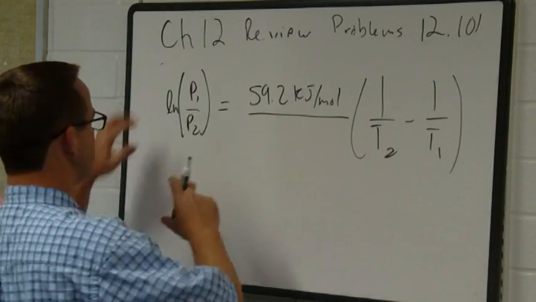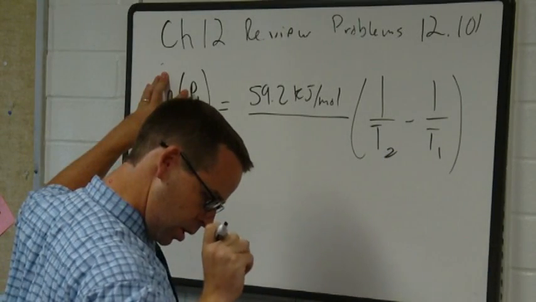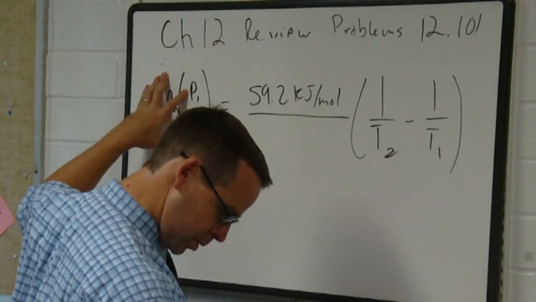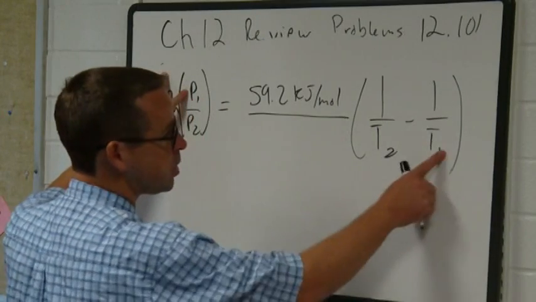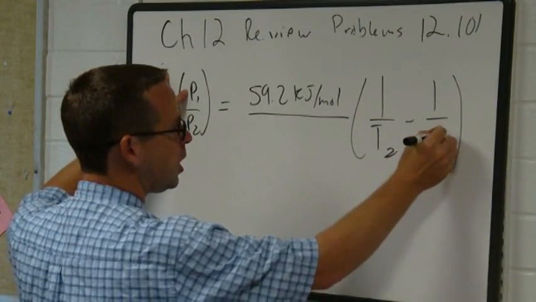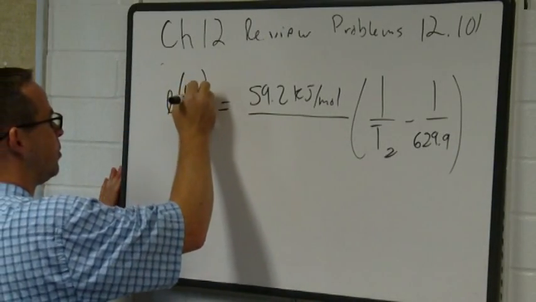So this is pressure 1 up here, temperature 1. What does it say the temperature 1 is? The normal boiling point is 629.9, and that's at atmospheric pressure, so it's 1 atm.